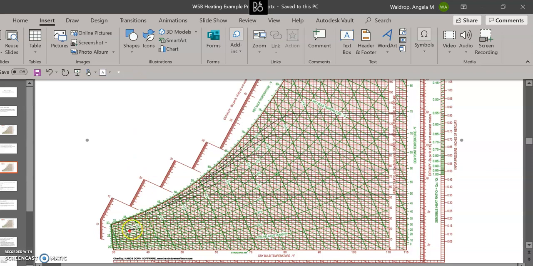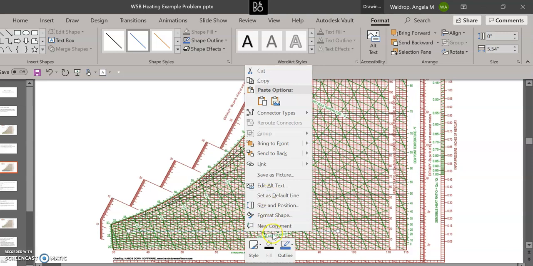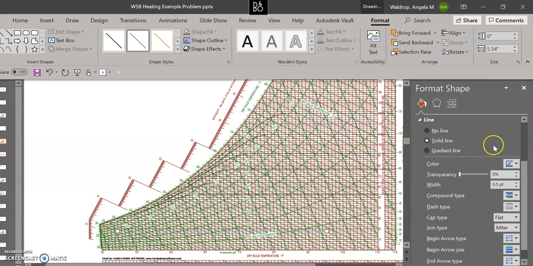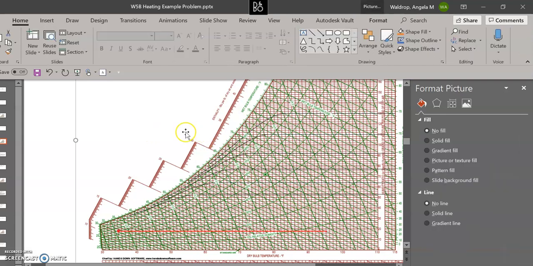It's much easier to do that here. And I'm going to draw a straight line from there to there. Now this is very hard to see, so I'm going to use my tools to format the shape. I'm going to make this line much thicker so it's easier to read, and also change my color so it's easier to see.